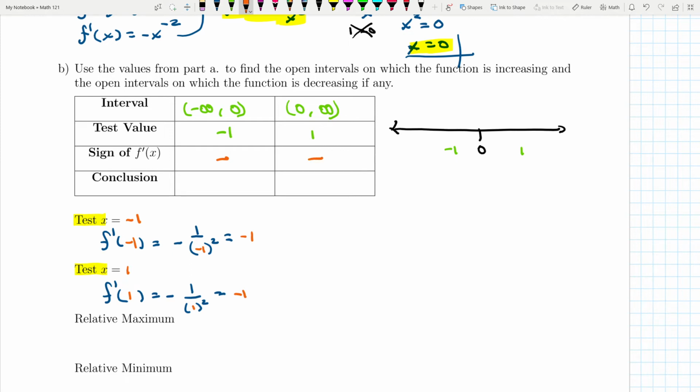So f prime is less than 0, negative, and also less than 0, negative. And what are we going to have here? Decreasing, and also decreasing.